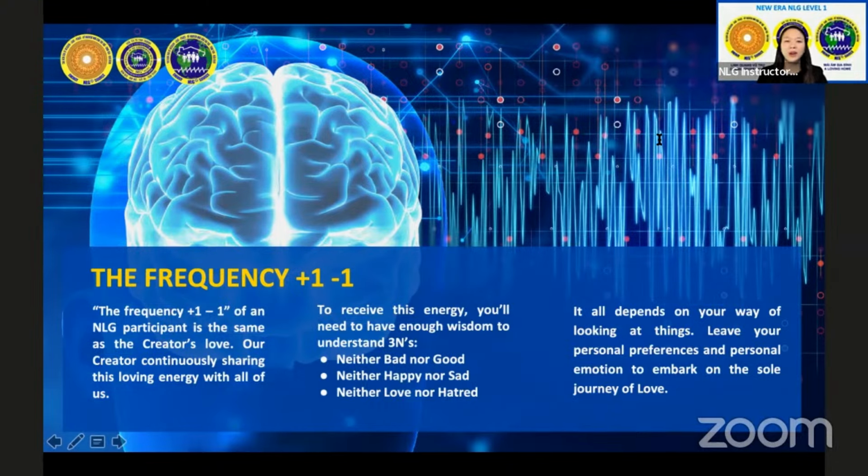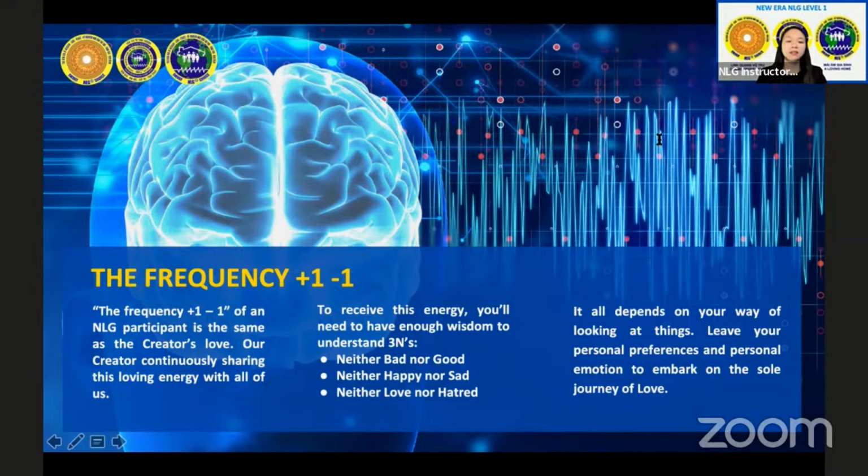But now that you do know how it works, you try to keep yourself in this +1 -1 frequency. Okay, and then you get yourself connected, you feel that energy coming in straight away, and the cells in your body will be embraced by this energy as well. It's sort of like getting recharged, right? Full of power, full of energy, so that they're ready to go.